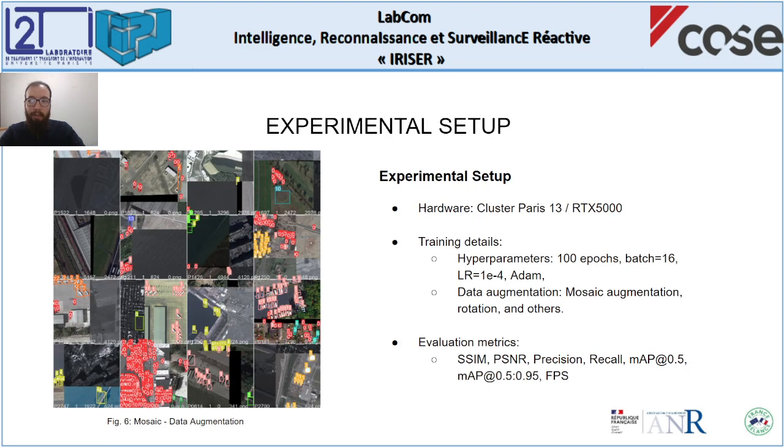To train our models, we've used the cluster provided by the Université Sorbonne Paris Nord, and we've also used data augmentation, in this case called mosaic augmentation, to fuse different types of object detections, different object annotations, during the training process to better increase the model's performance.